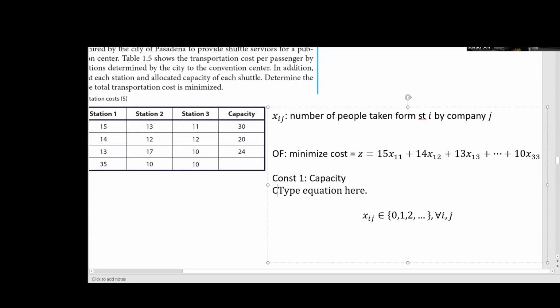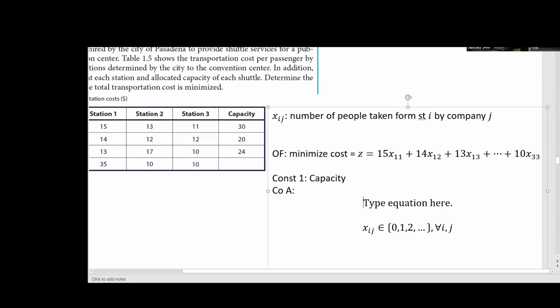company A has a capacity. But I prefer to add demand first because capacity constraints are going to be in the form of less than or equal to, for example, 30.